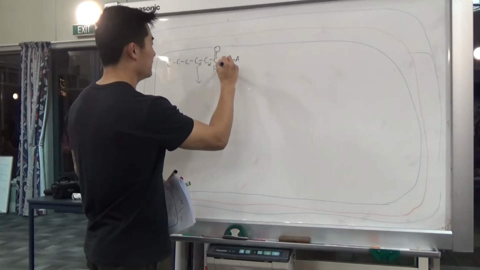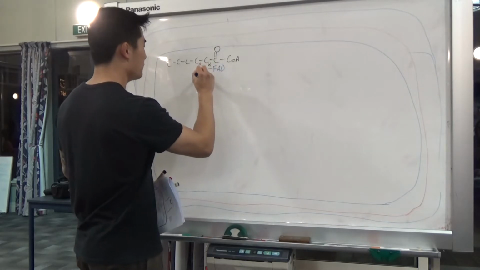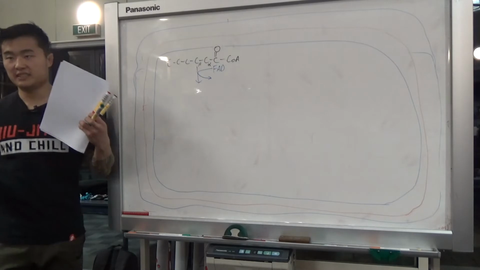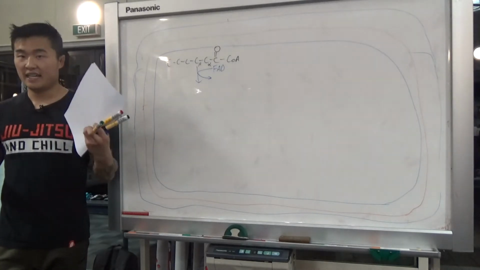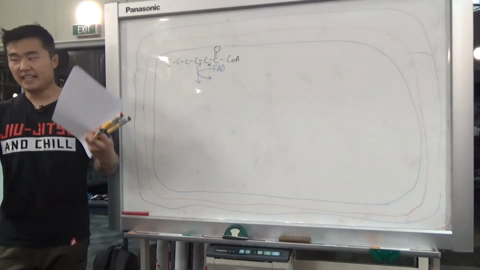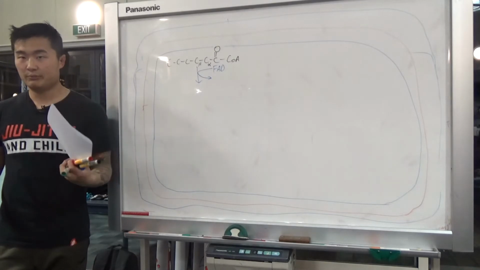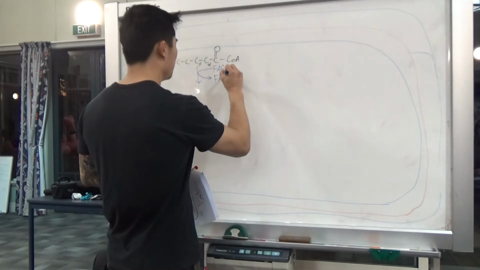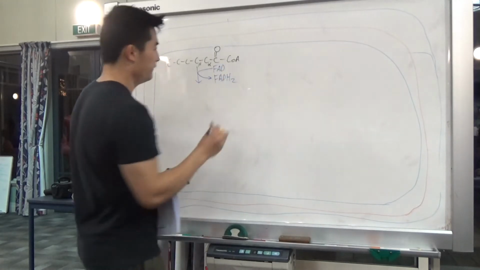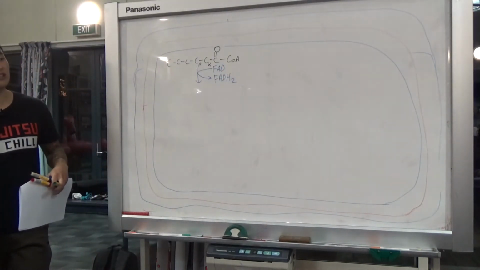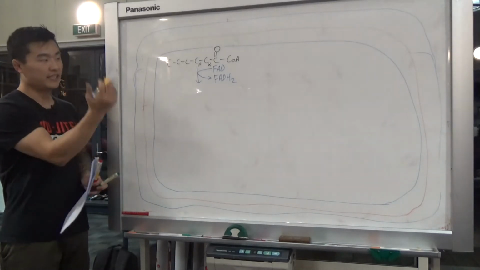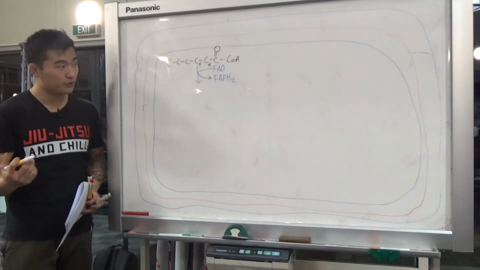FAD doesn't take electrons as well as NAD plus, but it'll still do so. So FAD will be turned into FADH2. So there's a difference there: NAD plus goes to NADH, but FAD goes to FADH2.